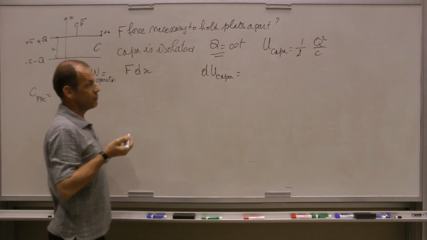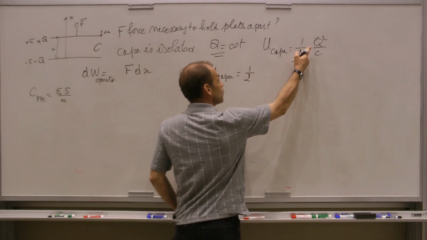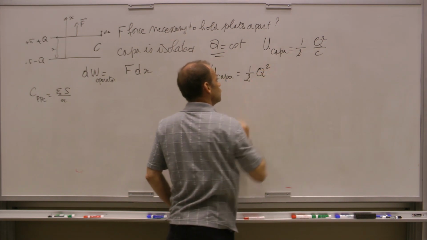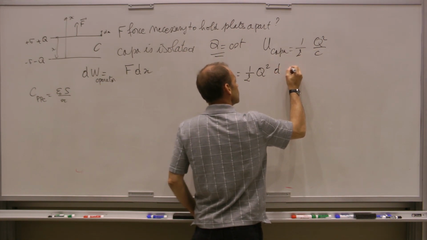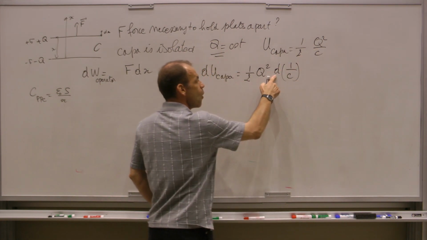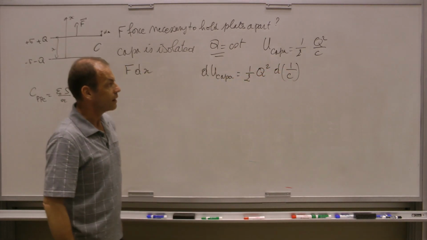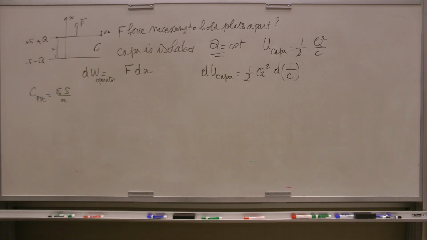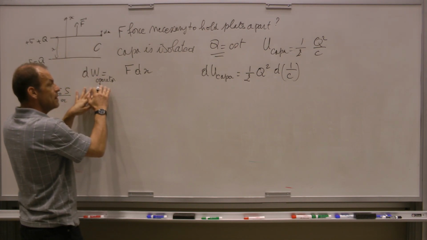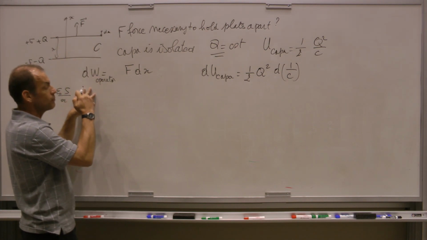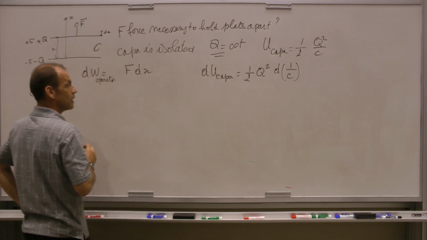The gain in the electrical energy held by the capacitor is going to be equal to 1/2 Q squared, the Q is constant. That's why we chose it, because it makes it easy. And then the only thing that varies is C, so this is d of 1/C, the small variation of the capacitance in the form of 1/C inside that energy function. And all I need to do now is say that the amount of work that I do on the capacitor, being quasi-static, so I'm not producing any kinetic energy, is exactly equal to the change in energy held by the capacitor.